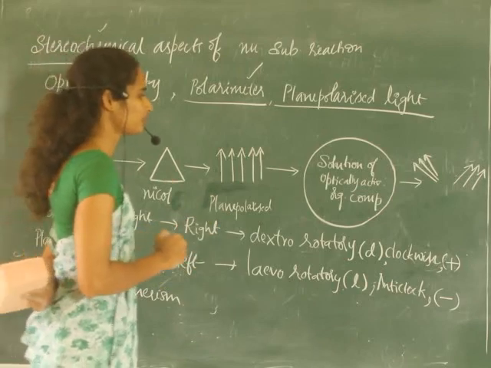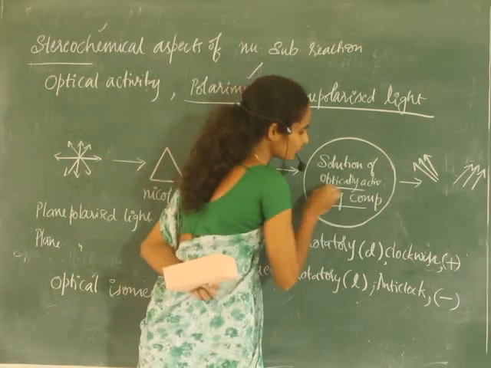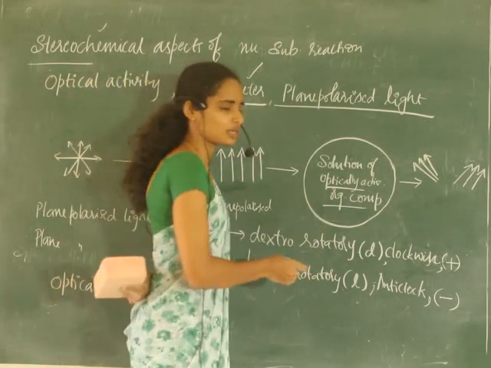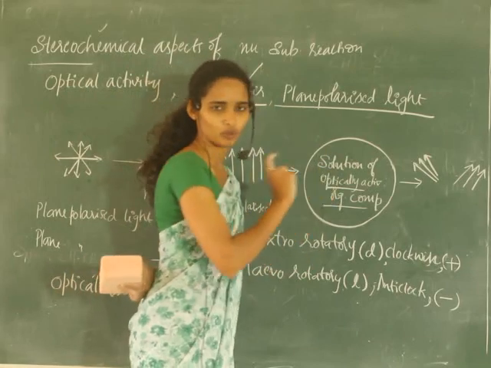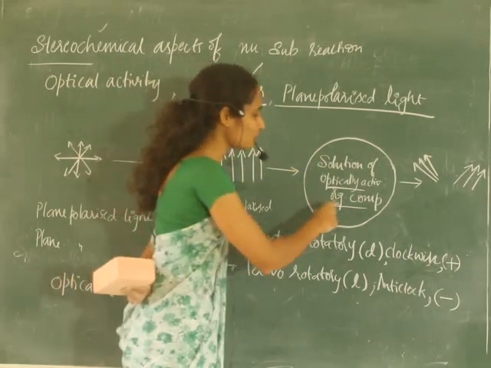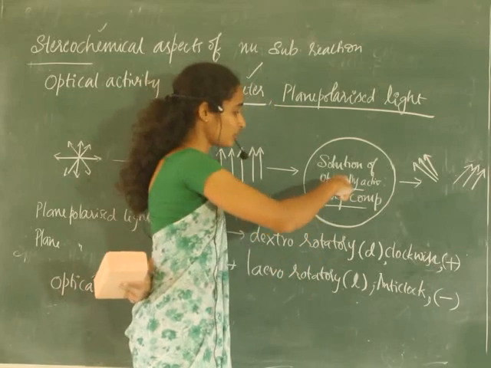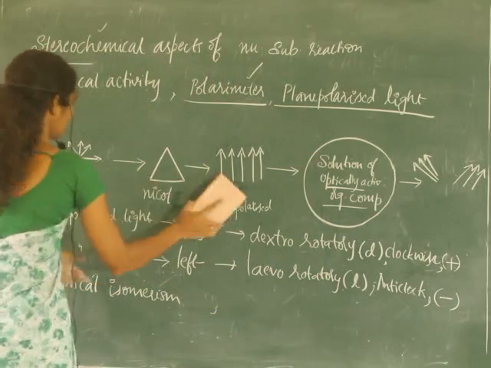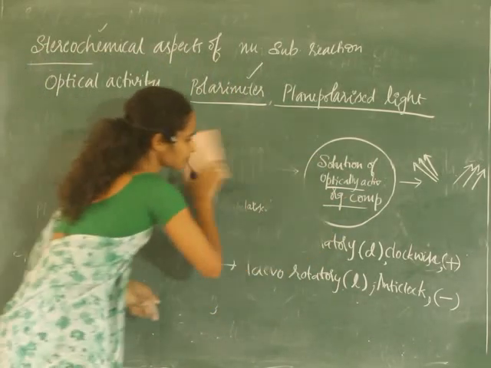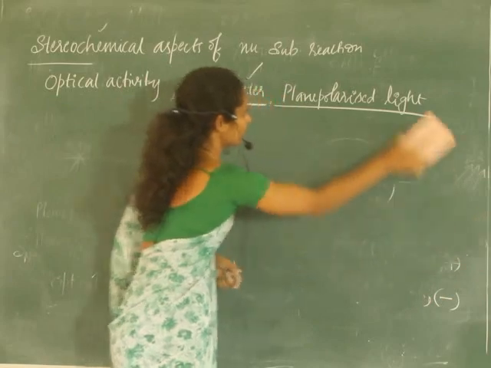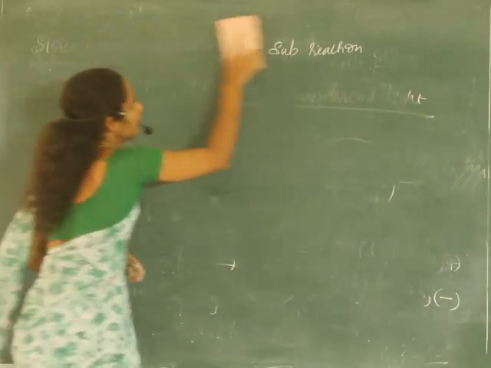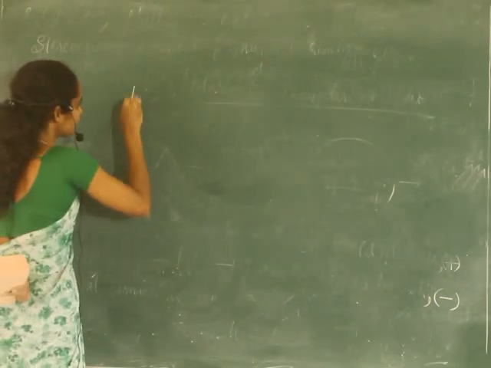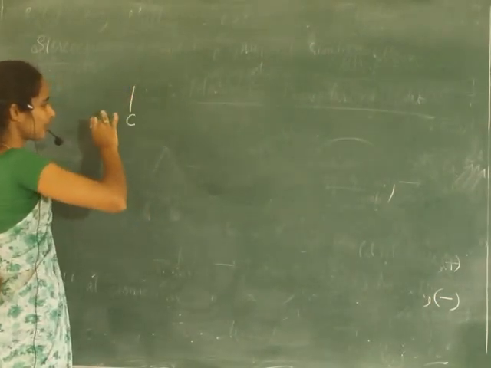Let us discuss optically active compounds. I already said only certain compounds can rotate plane polarized light. What is the condition to show optical activity? Let us discuss this topic. Take a three-dimensional tetrahedral carbon.